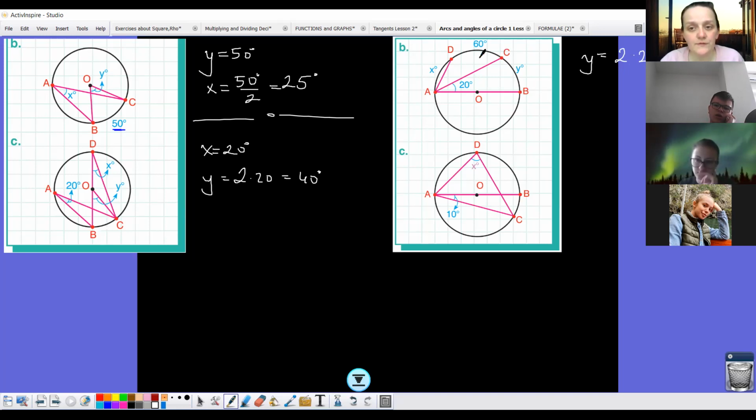So this arc is 40 degrees, this arc is 60. So x plus 60 plus 40 will be 180, yes? This is a semicircle, half of the circle. Then x plus 100 will be 180, so x is equal to 80. Absolutely. Okay, guys?